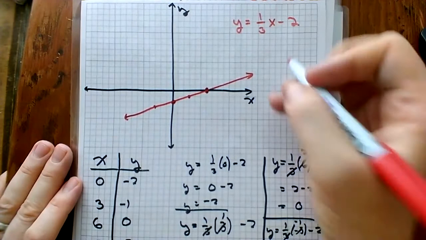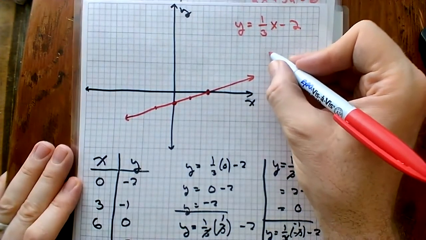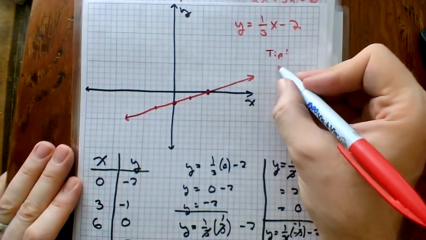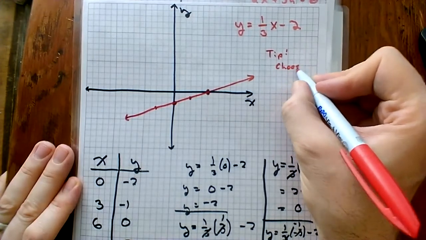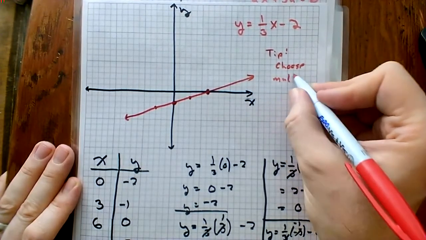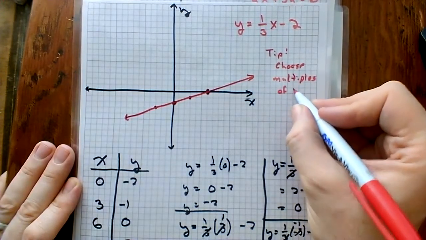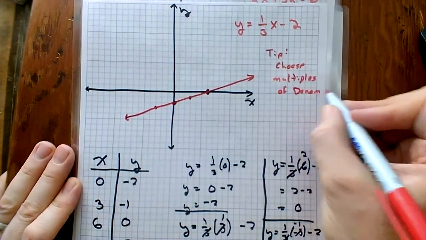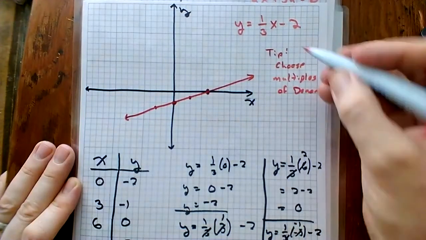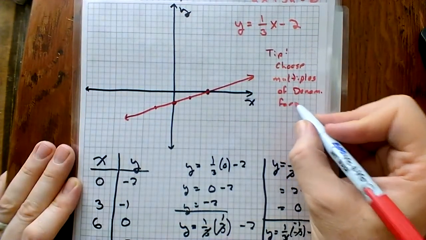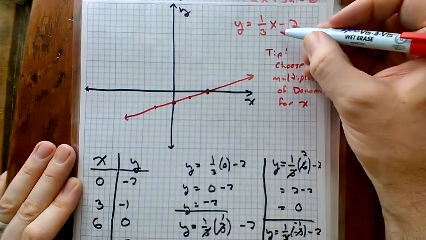So the tip here, remember, is to choose multiples of your denominator for x.